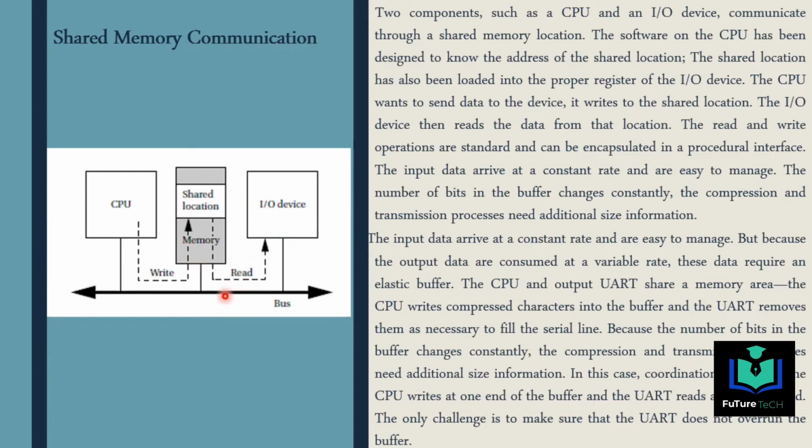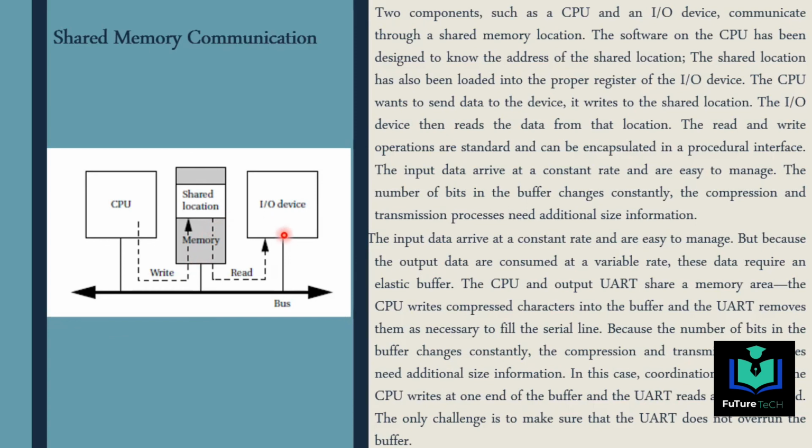The input data arrive at a constant rate and are easy to manage. The number of bits in the buffer changes constantly, and the compression and transmission process needs additional size information. Whenever the CPU writes something to the memory, it is compressing and writing, and compression is one of the most important components for the data to be sent over to the reception side.